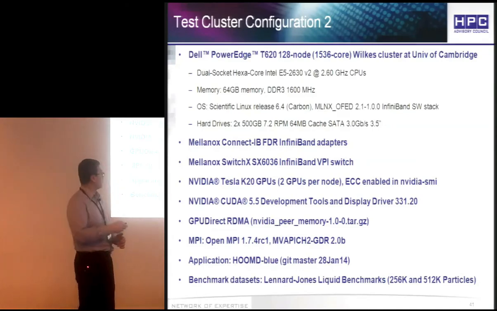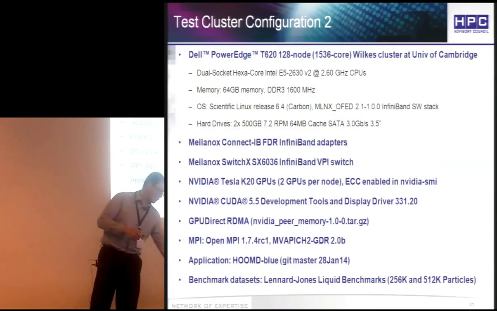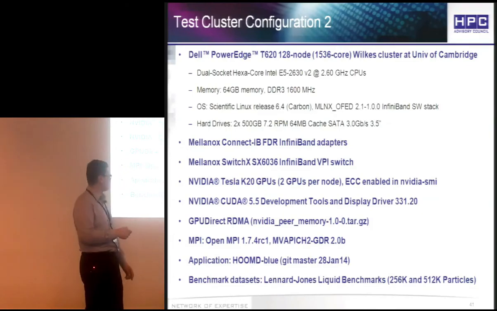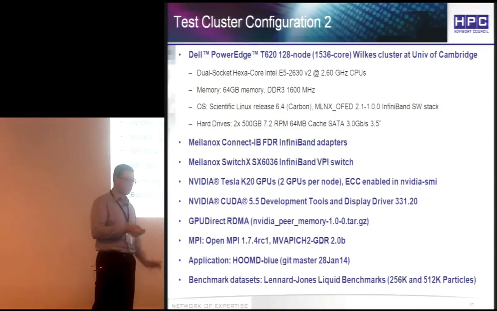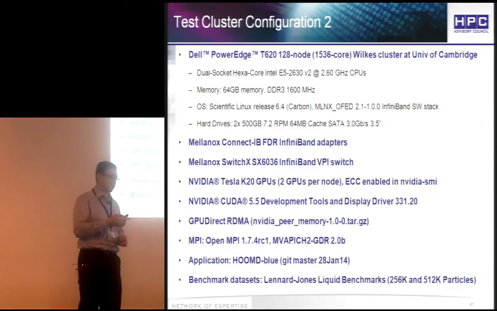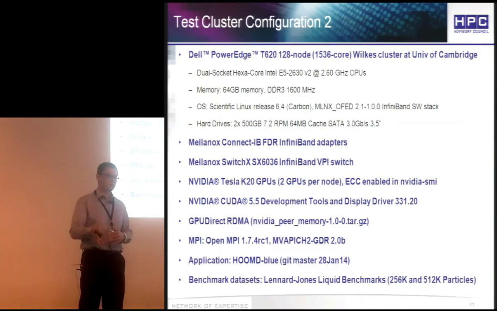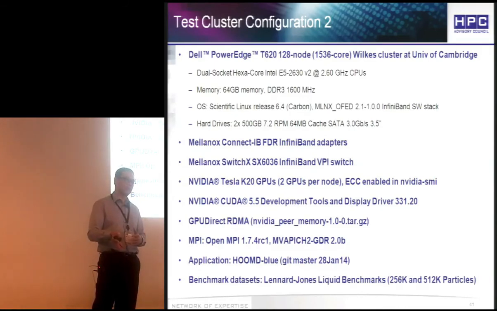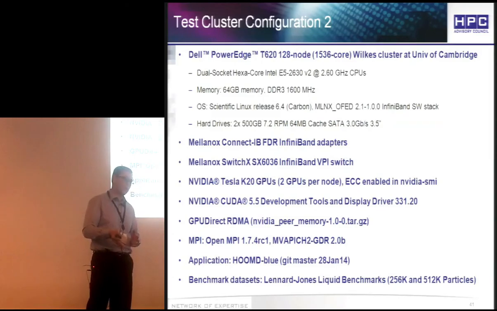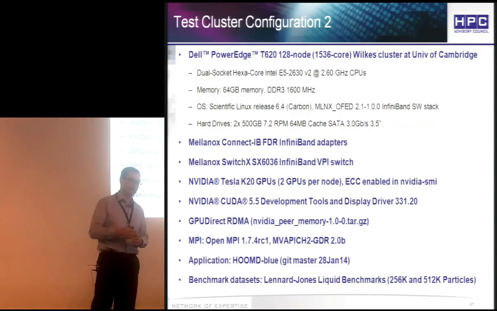So I listed some of the characteristics of the cluster configuration right here, in case you want to see some differences compared to the ones that I showed you earlier. Mainly it's just that the GPU is a little different, because the majority of the computation actually happens on the GPU. The CPU is a little slower because this is a GPU cluster, so not much of the computation power is coming from the CPU side.